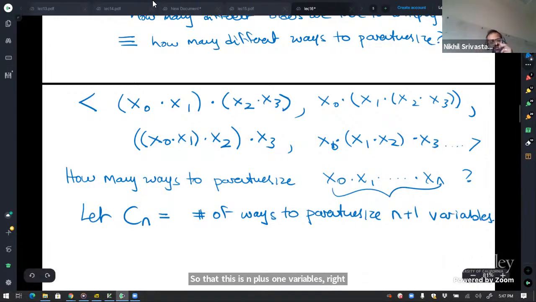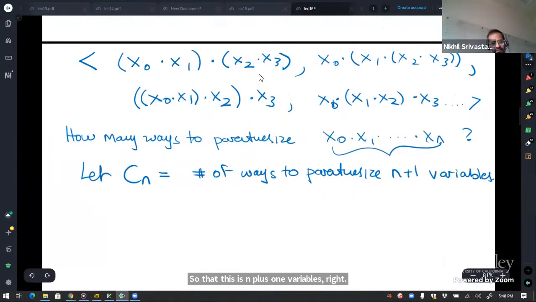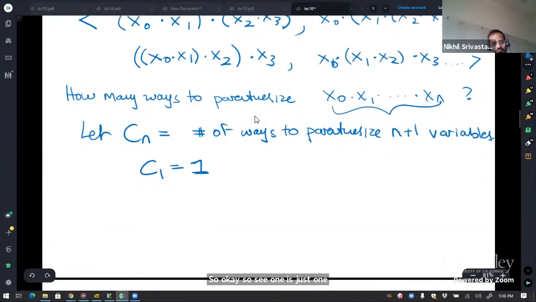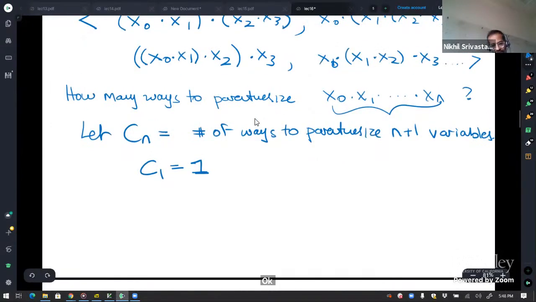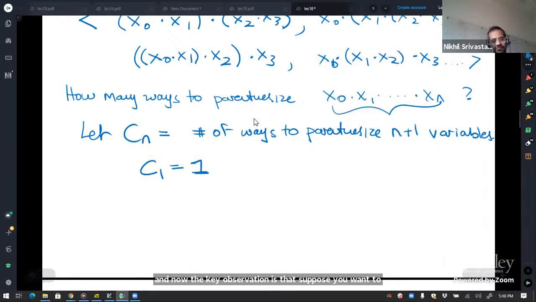It's the number of ways to place parentheses that are grammatically correct is basically what it's asking. So, okay, so C1 is just 1. Okay. And now the key observation is that suppose you want to parenthesize n plus 1 variables, right?